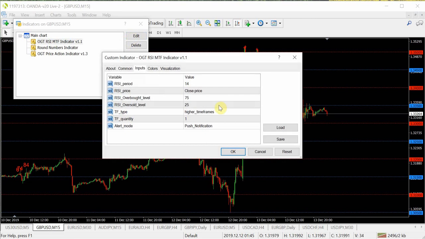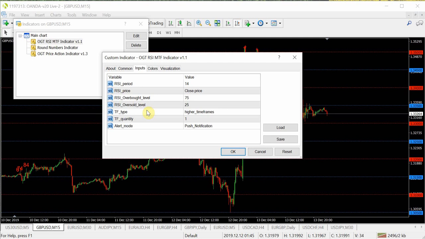What this does is show you potential exhaustion points or reversal signals where the RSI is overbought or oversold on multiple time frames. So what this is basically showing is if the RSI is overbought or oversold at a 75 level or a 25 level on the current time frame and one time frame above, so in this case the 30-minute chart.